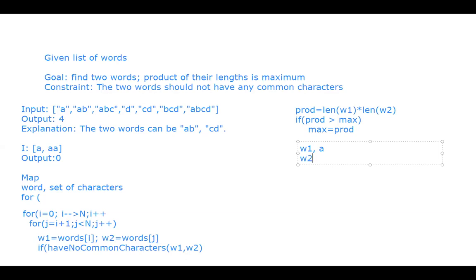Then word 2, and I have A and B. So you will construct something like this, and this is what you're going to use in this function. The complexity would depend on a couple of things, but the idea is a quick lookup. You can look through your hash map, get these entries, and search through them to see if a character is present or not.